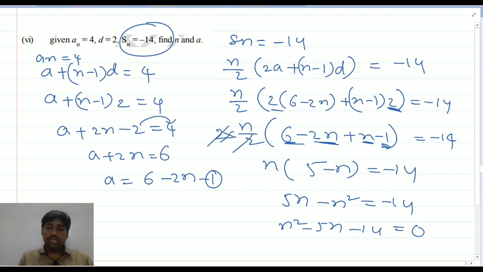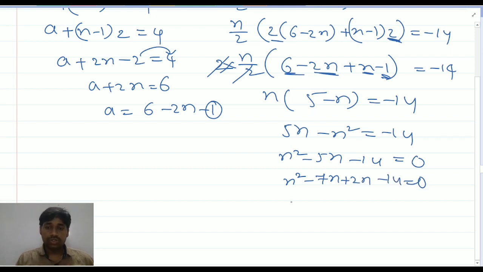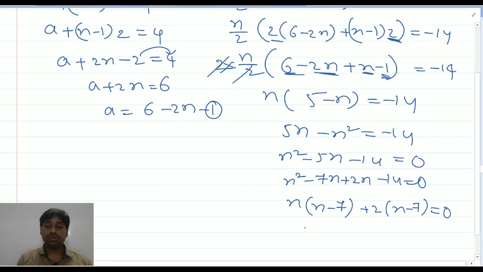So if you multiply the first and last terms, we get minus 14 n square. 7 twos are 14, so we can write n square minus 7n plus 2n minus 14 is equal to 0. n is taken common, n minus 7, and 2 taken common, n minus 7 is equal to 0. n minus 7 common, then n plus 2 is equal to 0.